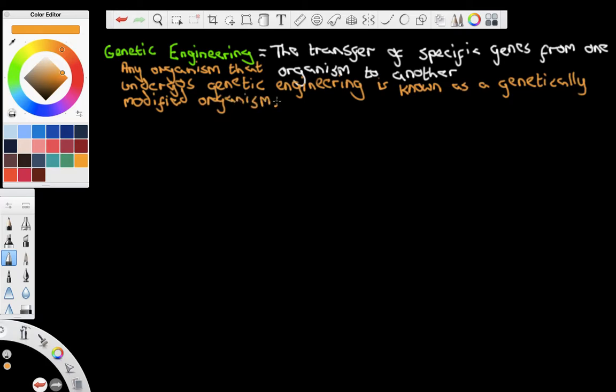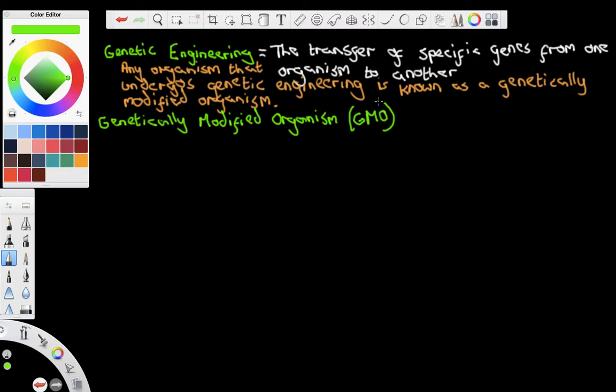And that brings us to our next key word, genetically modified organism, or GMO. These are frequently abbreviated as GMOs.